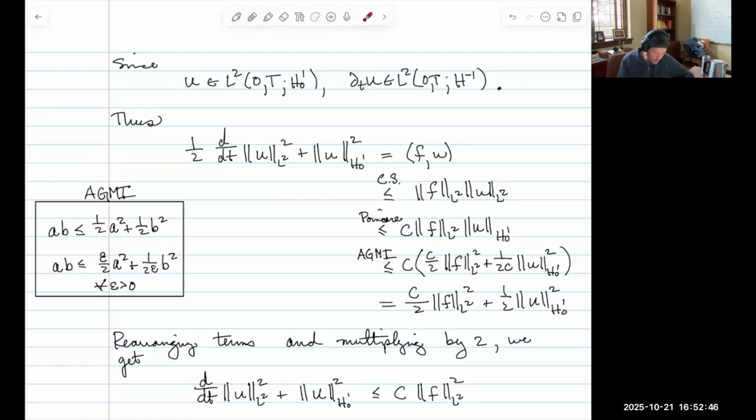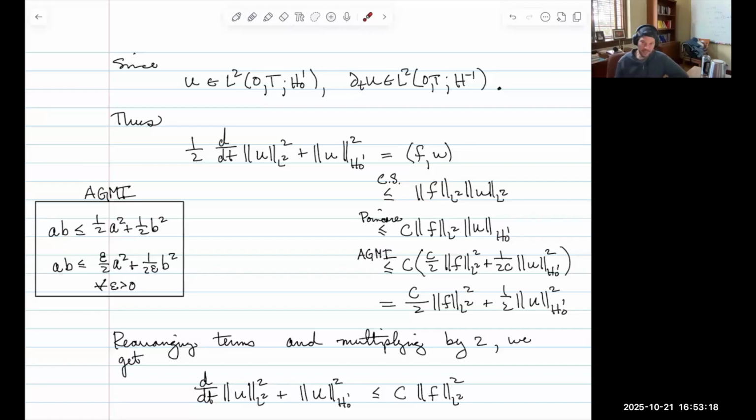So here's the usual algebraic geometric mean inequality. AB is less than 1/2 a squared plus 1/2 b squared. I showed you how to prove this previously. We're going to use a variant of that, which says that AB is less than epsilon over 2 a squared plus 1 over 2 epsilon b squared for every epsilon greater than 0. If you've never seen the proof of this guy, it follows directly from the proof of this, just with a little trick.